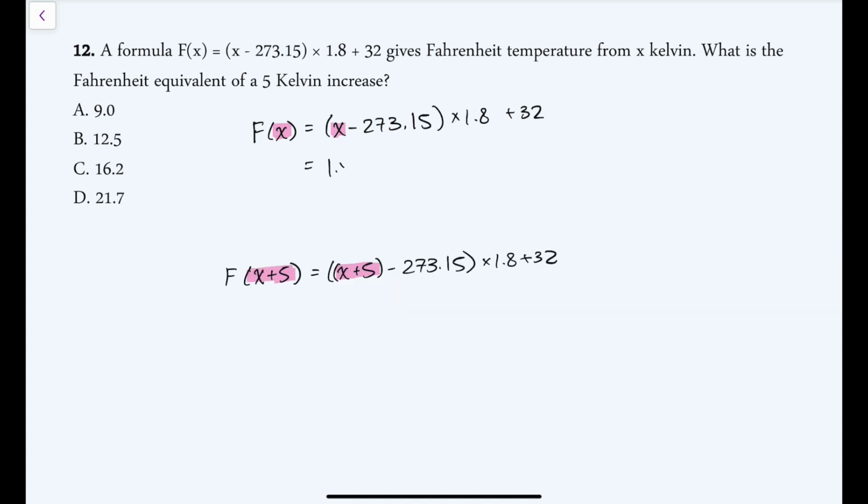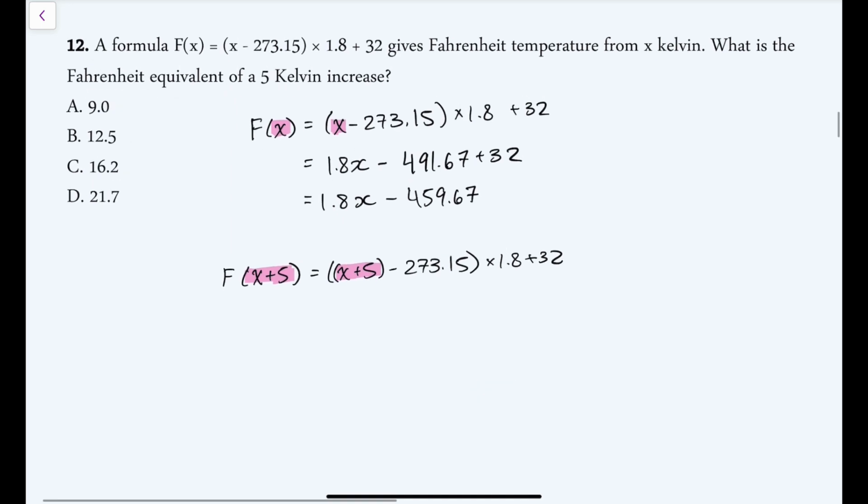So 1.8x minus, just a quick calculator, 273.15 times 1.8, 491.67, plus 32, 1.8x minus 459.67.